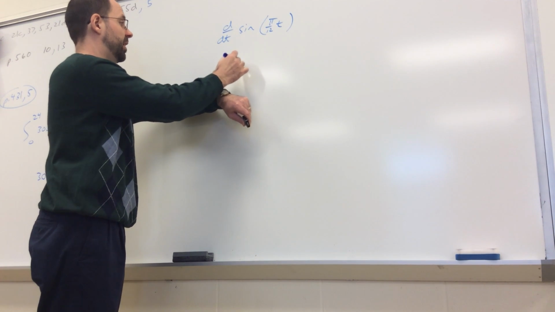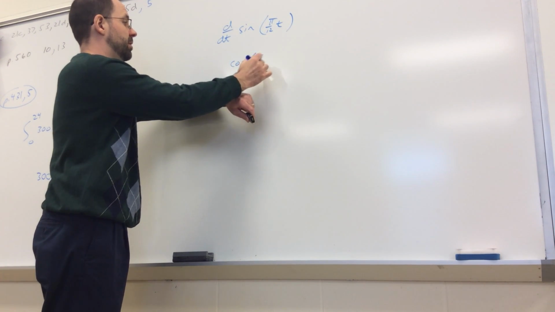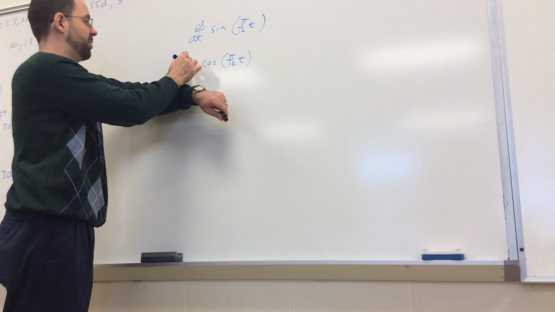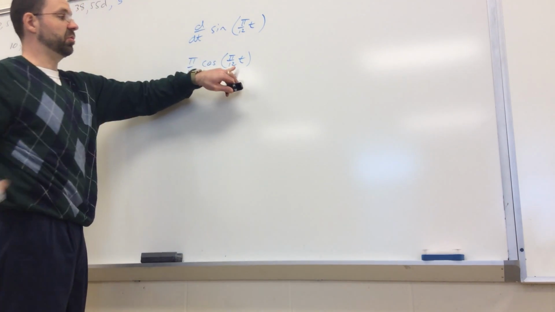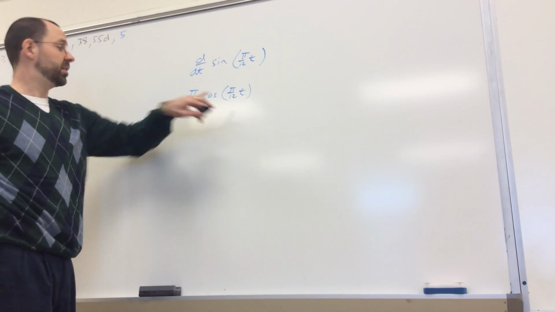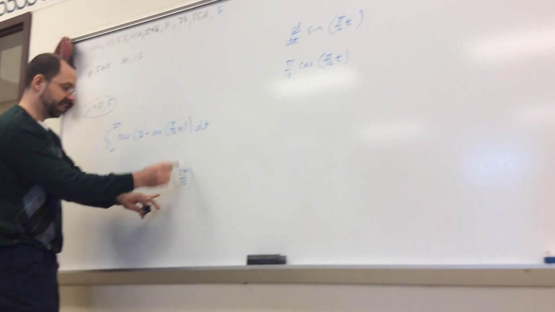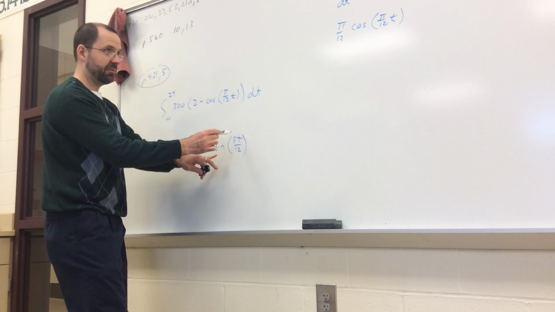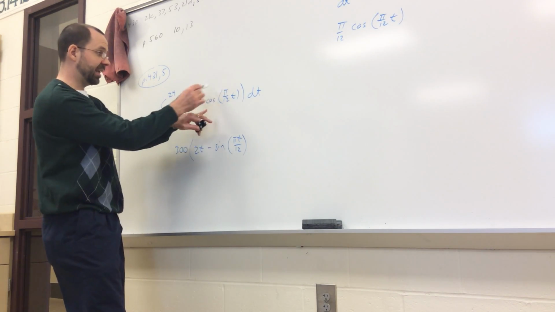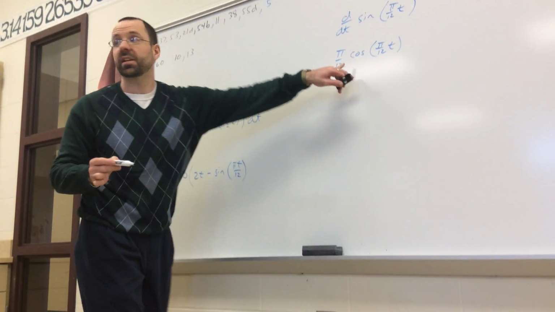Derivative of sine is cosine, and then you'd have to times by pi over 12, because the derivative of pi over 12t is pi over 12. So I thought that perhaps this was the antiderivative, but when I take the derivative of that, I don't get this, I get this with an extra pi over 12.